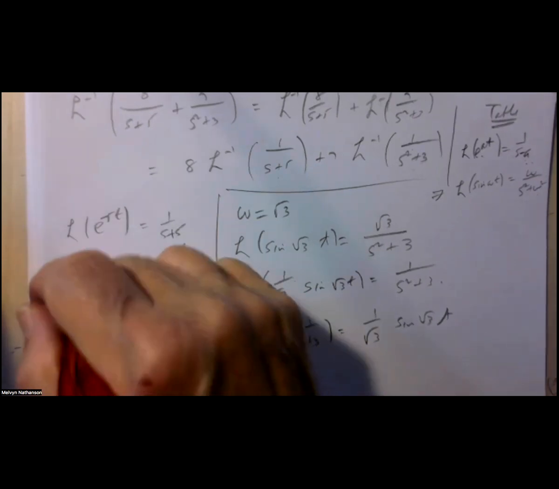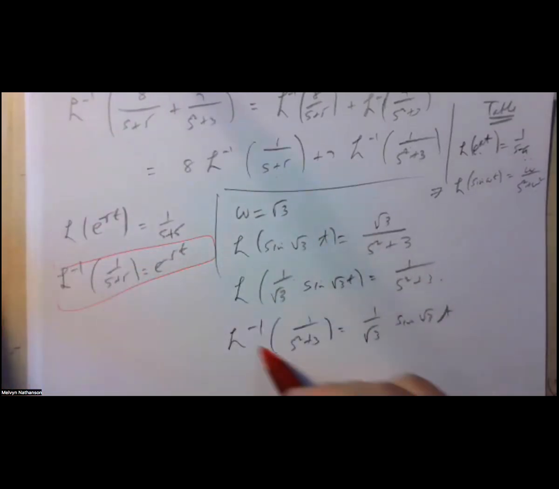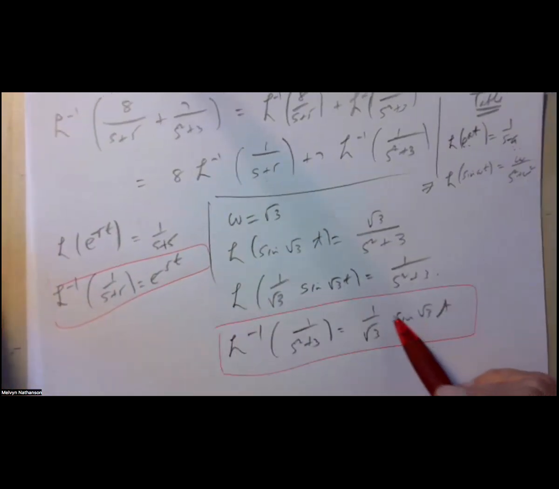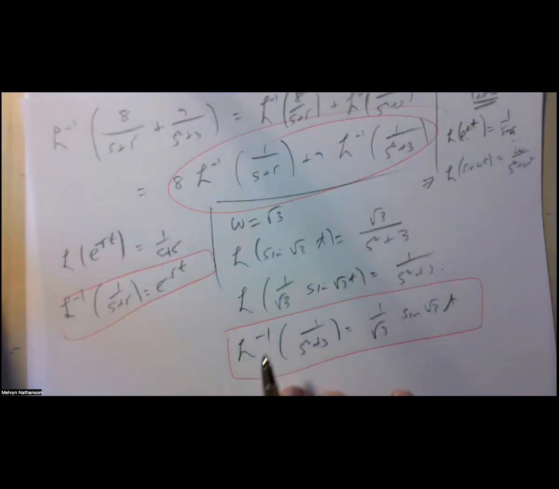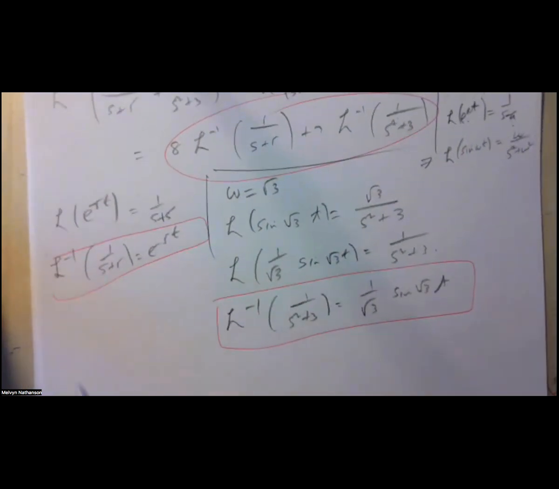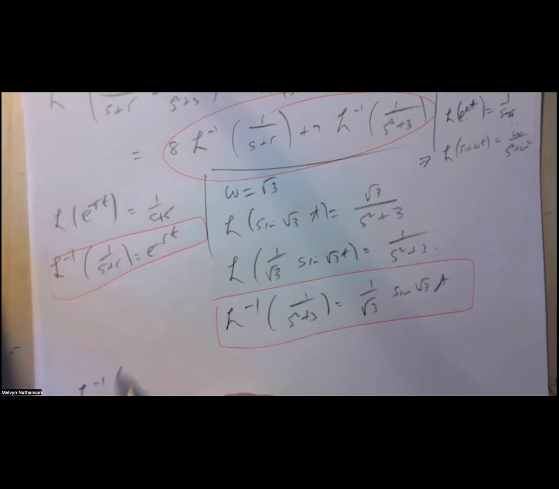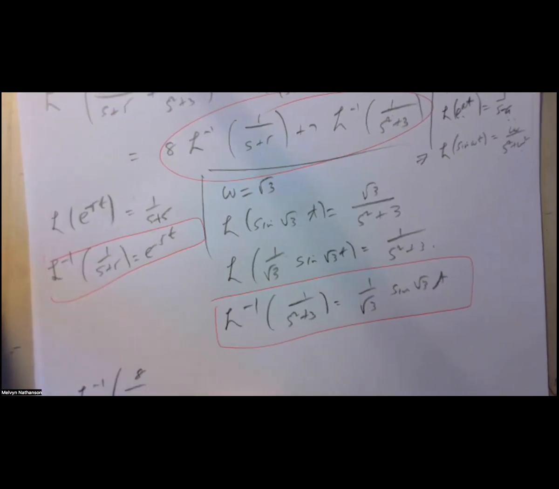So I have this, and I have this. And I plug them into this equation. So I want to find the inverse Laplace transform of 8 over s plus 5 plus 7 over s squared plus 3.